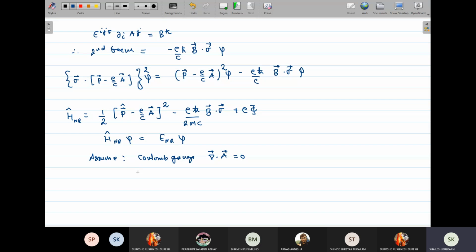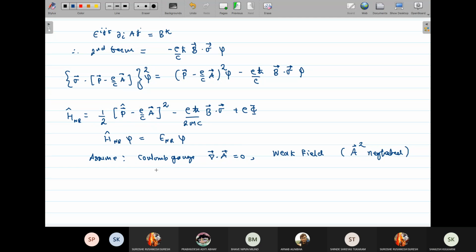And further I will assume, it's not necessary, but let me consider the weak field limit. So I can neglect, if I want, the A square term, but I will see whether to keep it or not.